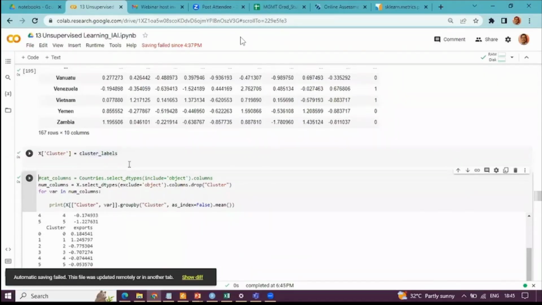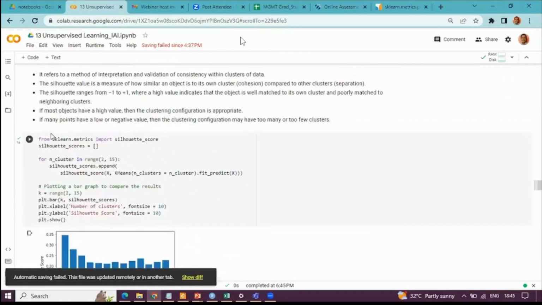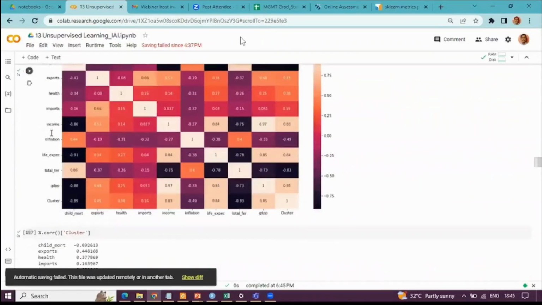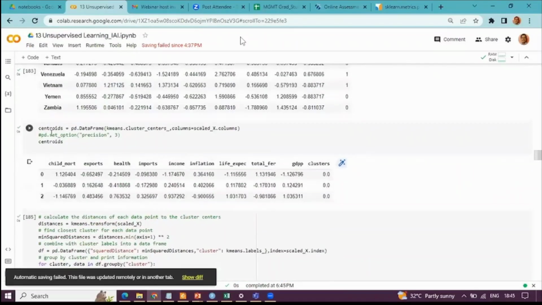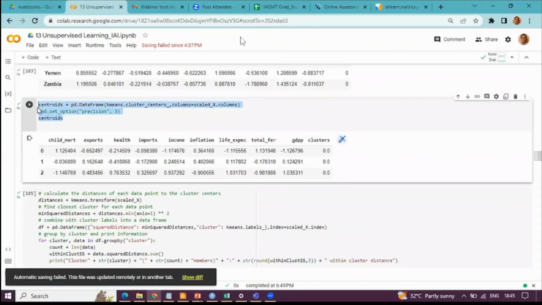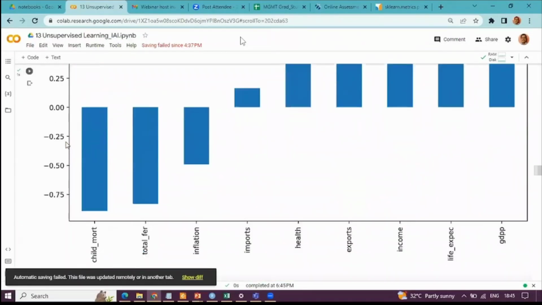Possibly we will do this computation directly. This is a better computation. We can very well look at this computation for our two cluster solution.